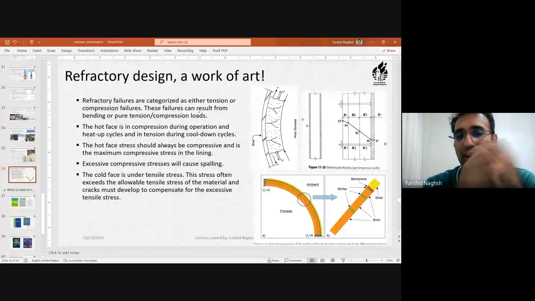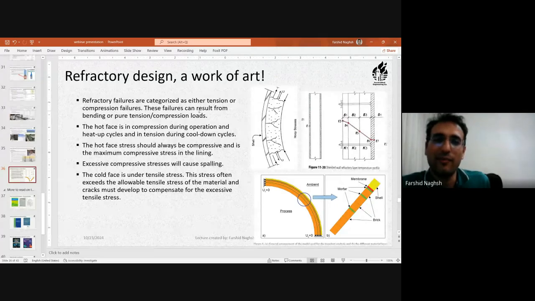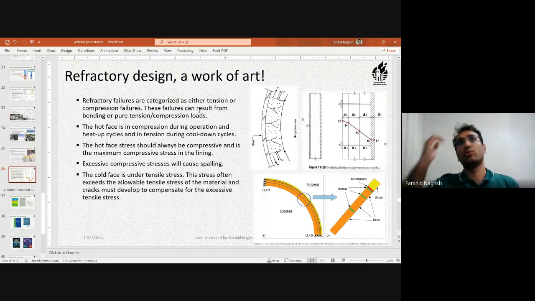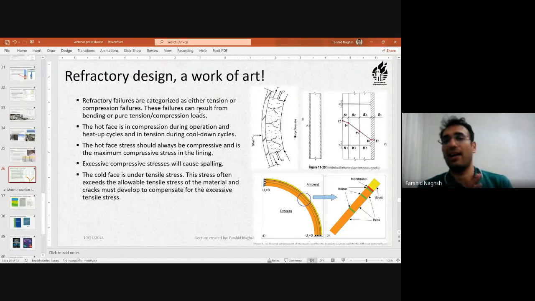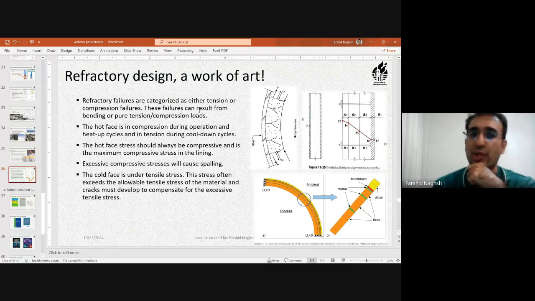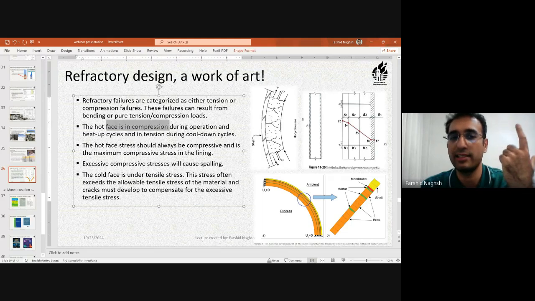So I wanted to mention that defining the thickness of a refractory is not only the job of the process department. The mechanical department needs to check the thicknesses and confirm that each layer of refractory selected for the vessel does not fail mechanically, both in compression and tension. We have to make sure that the hot face in operation remains in compression.